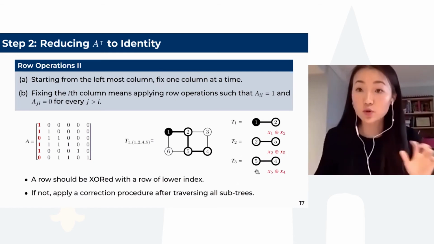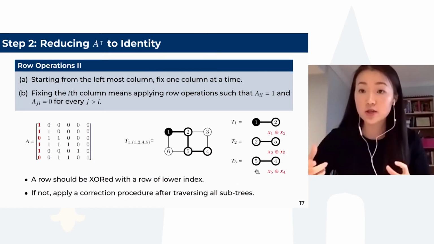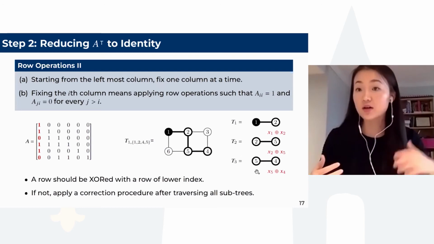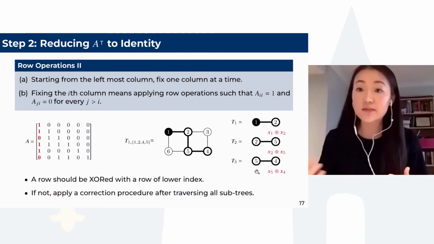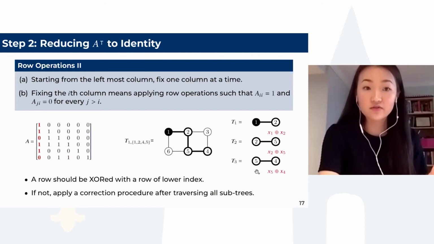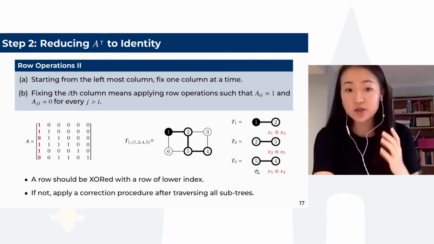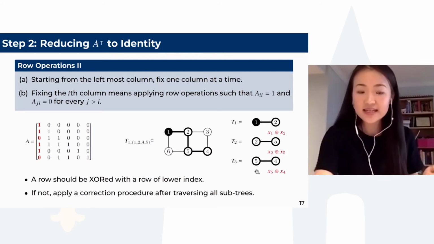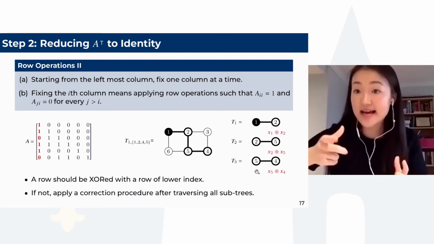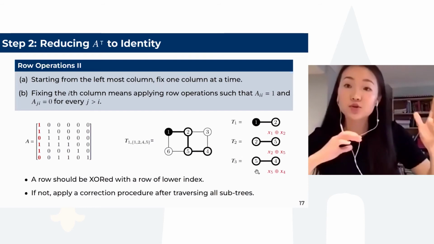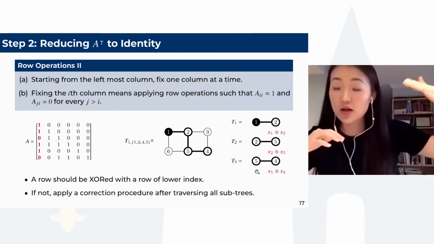But because we're working with a transpose matrix, we need to be very careful about the control bit and target bit assignment. So as usual, we start from the leftmost column and we go all the way to the rightmost column until we get to an identity. And because we want to protect the well-formed part, we don't want to mess up the upper values.